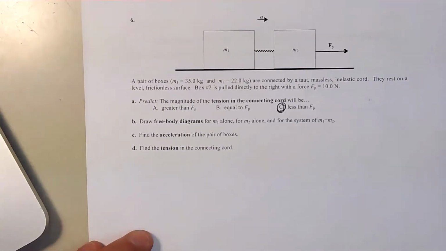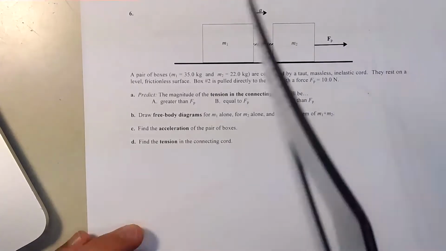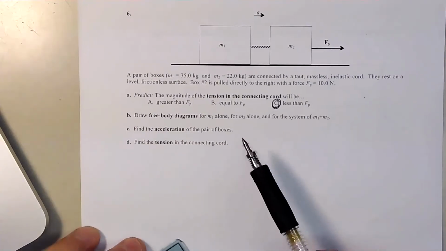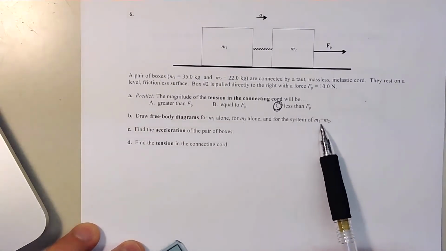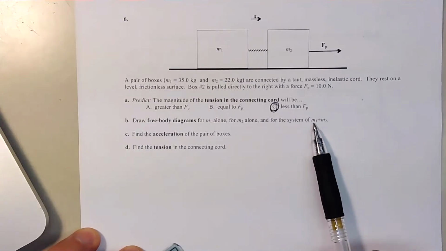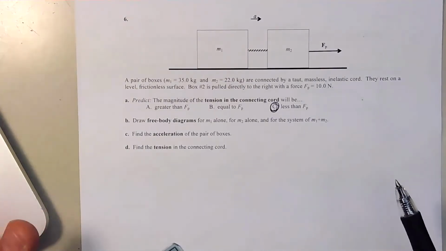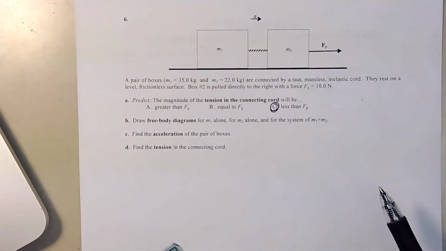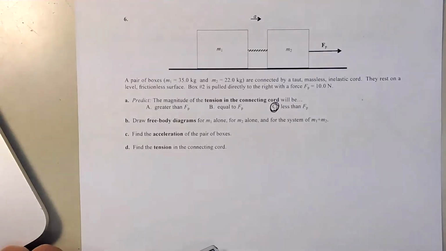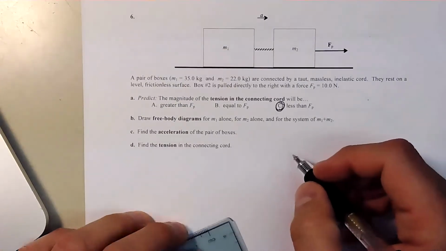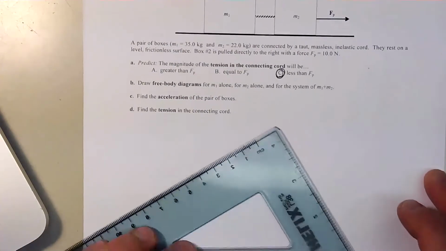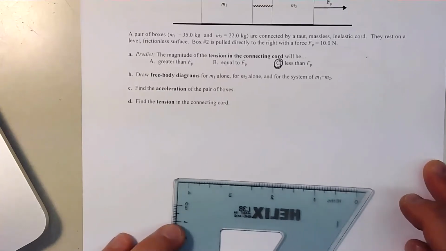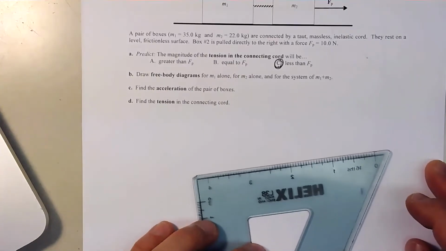All right, let's go ahead and create free body diagrams for M1, M2, and the system, just for the practice of doing it. We're probably not going to use every one of those free body diagrams.